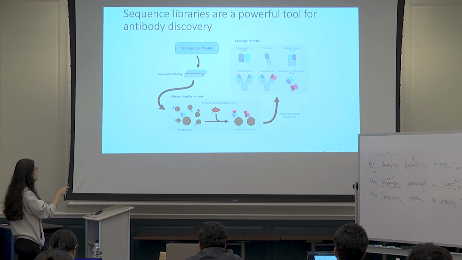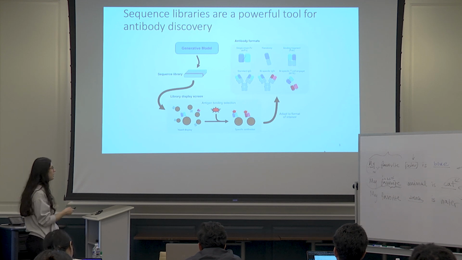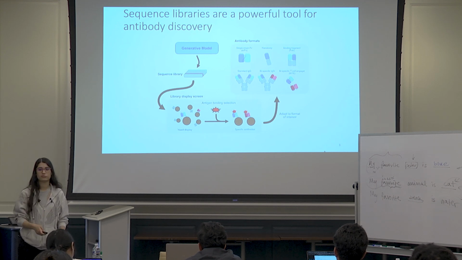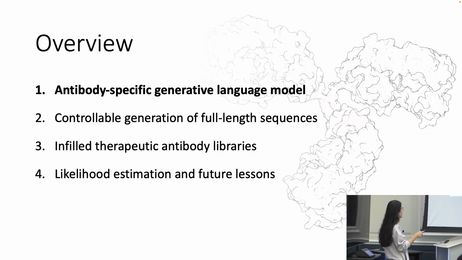So if we had a model that's able to generate new sequences for the library that we can test and then sort of put into any of these antibody formats, it would surely be interesting, because what do antibodies do? So maybe it leads to a good thing after it has bound a bad thing. Okay, so would you say it's important to have antibody function in cells? Okay, so we're going to start off with antibody-specific generative language model, and then you're also going to do a demo on the rest of this as well.